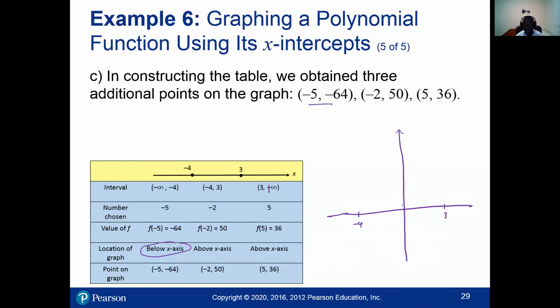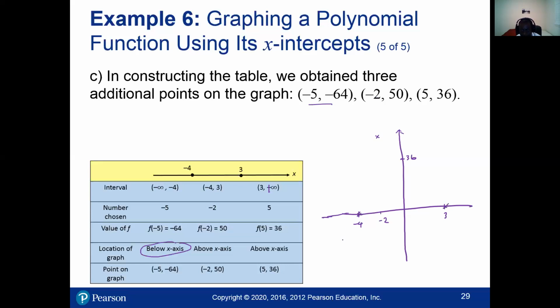The y-intercept is, let's say, 36. And then we have -2, which is 50, somewhere there. The graph crosses these points.